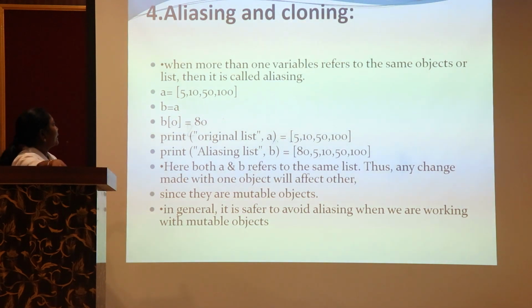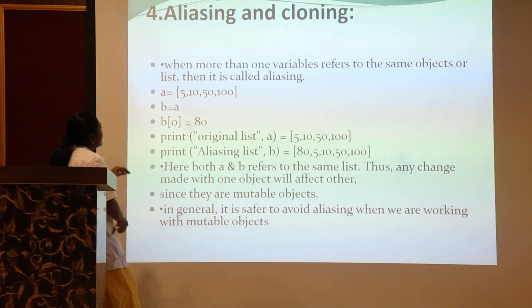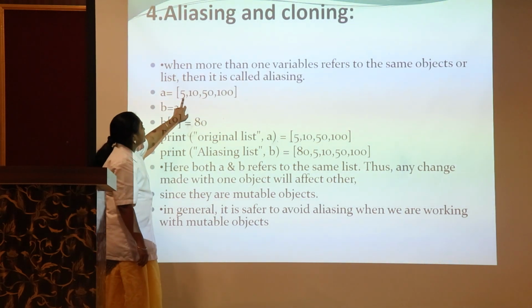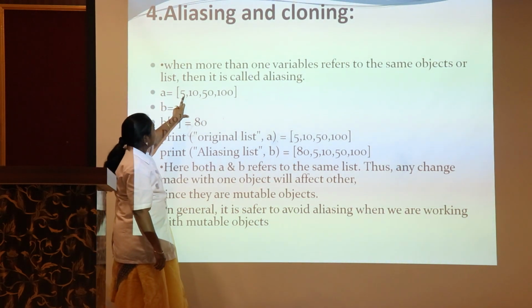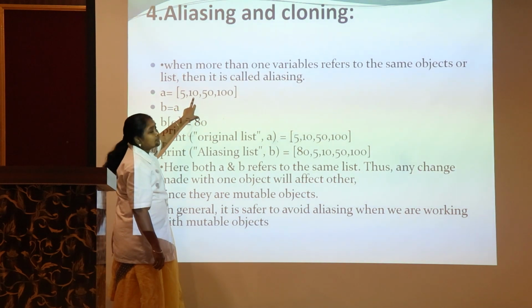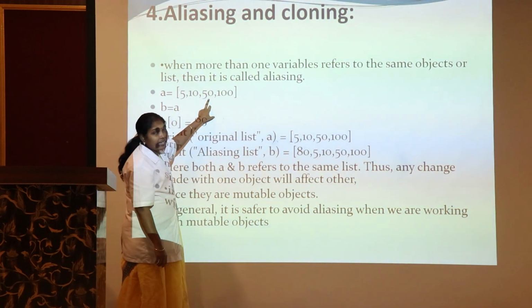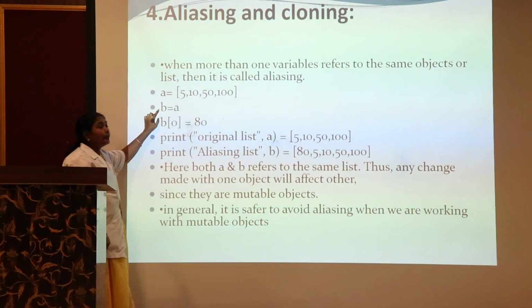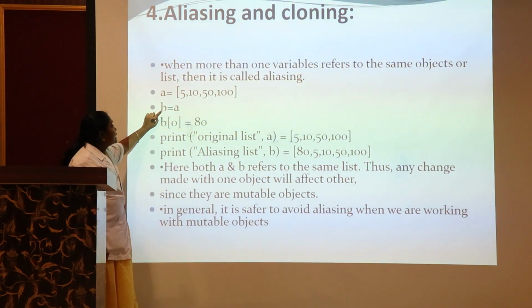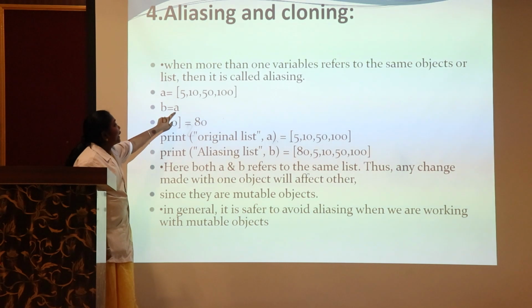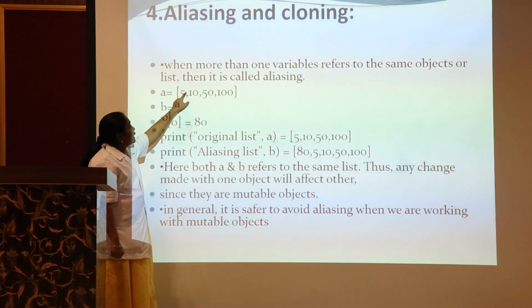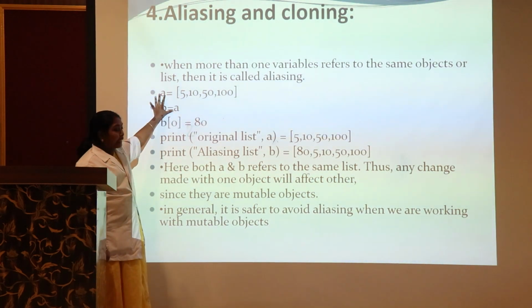So here I want to select the list A equal to open bracket 5, 10, 50 and 100. Next is B. The list B equal to A. So the same values, for example A and B, can be assigned.